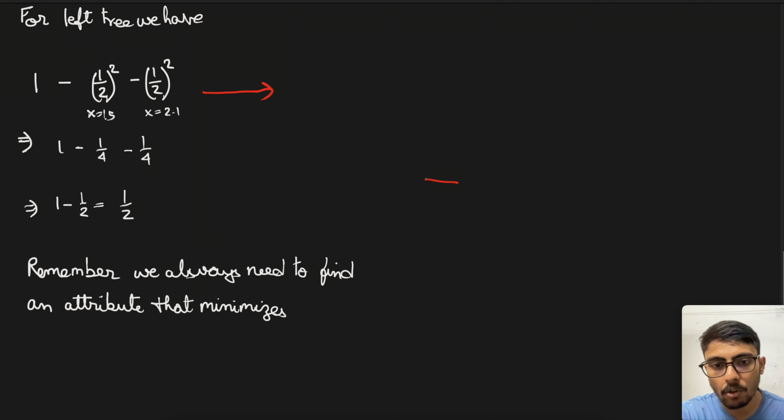Basically when we draw a decision tree, the child nodes below are always more pure than the parent node. So in order to do that, we should always look for attributes that minimize the Gini index.